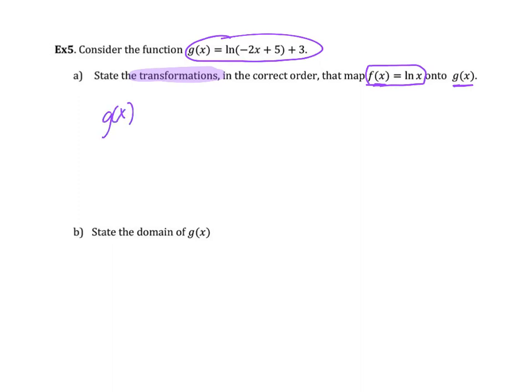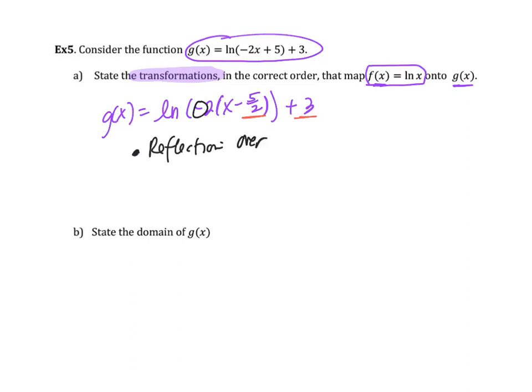The first thing I'd recommend is to rewrite the inside by factoring out the -2. When I factor out my -2, I can see more clearly that I move to the right 5/2. Otherwise, you might have made that mistake. So step number 1, we have our reflection, and since it's on the inside, that's a horizontal reflection, so we're reflecting over the y-axis. The second thing we have to deal with is our 2.